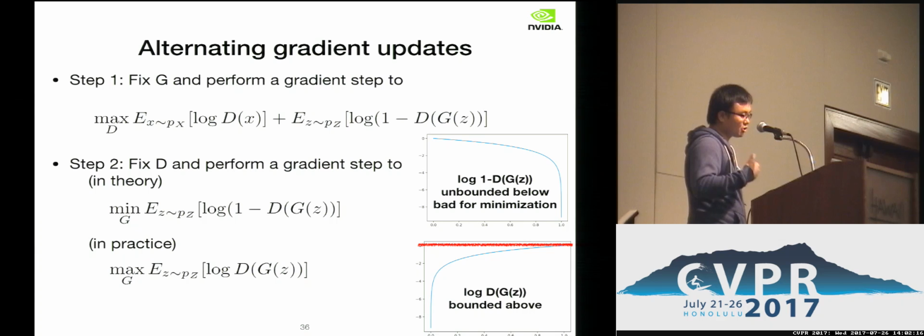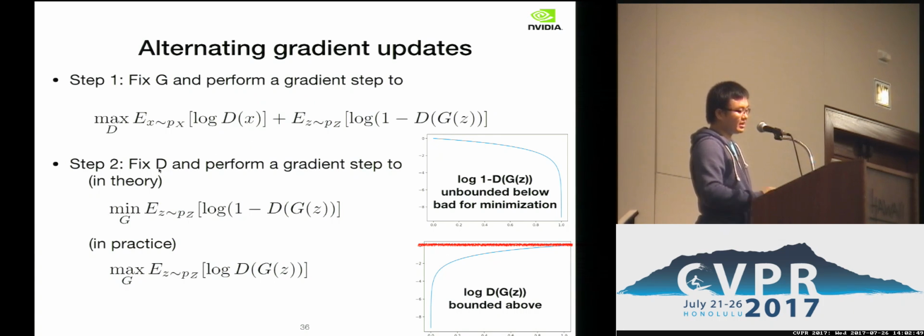To solve this minimax problem, we usually do alternating gradient updates, which consists of two steps. In step one, we fix the generator and perform a gradient step on the discriminator, solving this optimization problem. You want the real samples to have high log likelihood and the synthesized samples to have low likelihood.